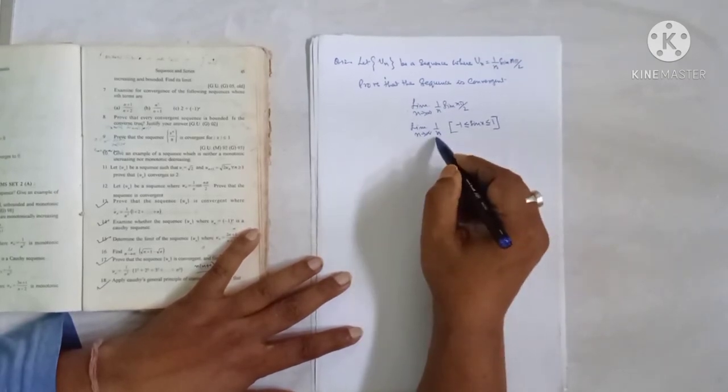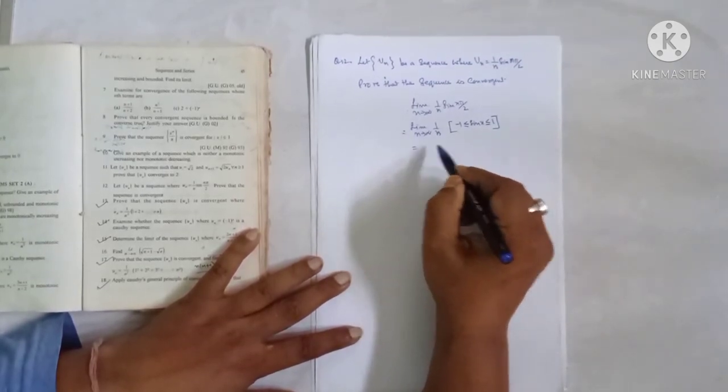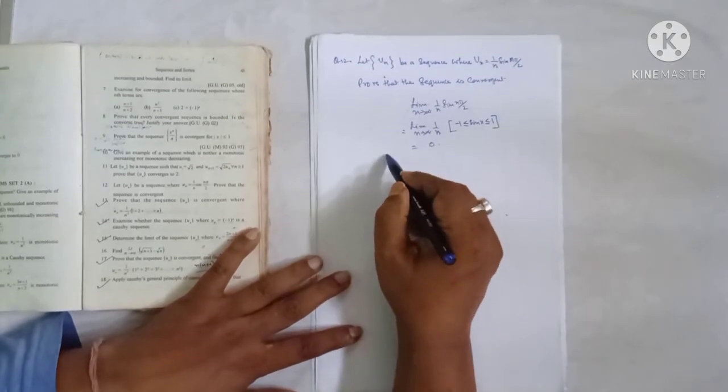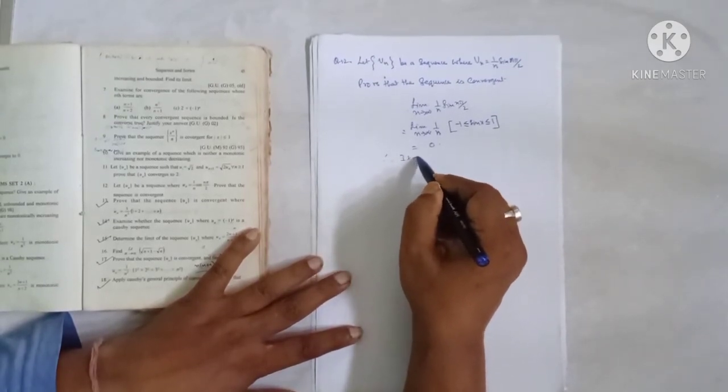So as n tends to infinity, this will be equal to 0. Therefore it is convergent.